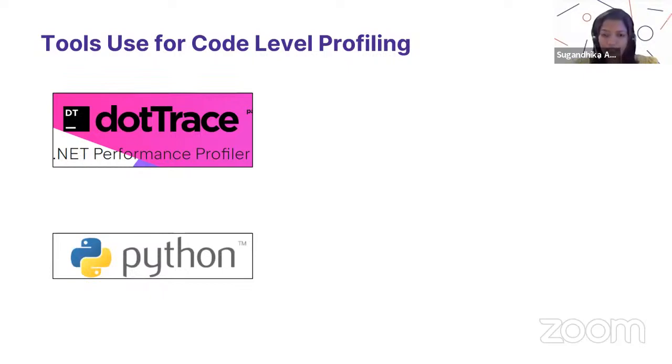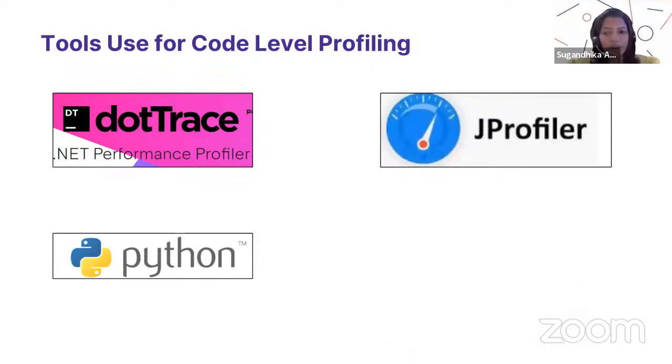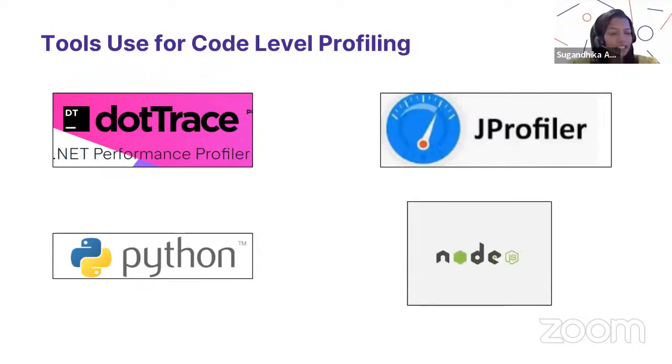So you can use that for your code profiling. And if your code base is Java, you have a Java profiler, the most known profiler. And also, if your code base is Node.js, it has a Node.js profiler. So you could find a matching profiler for your code and do the code level profiling.